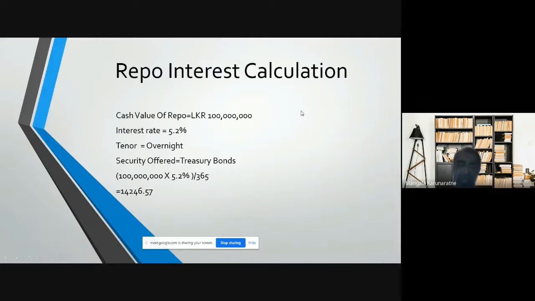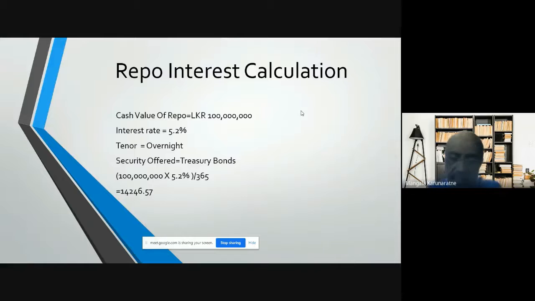I will cover this haircut policy and how we value securities tomorrow, and then we will be finishing this lesson, and hopefully we will be able to start the settlement process tomorrow, right?